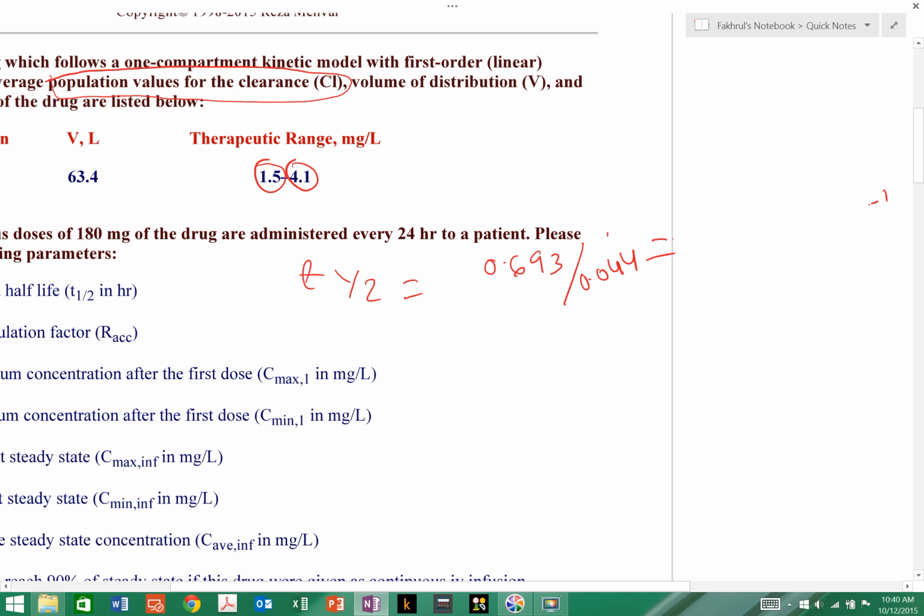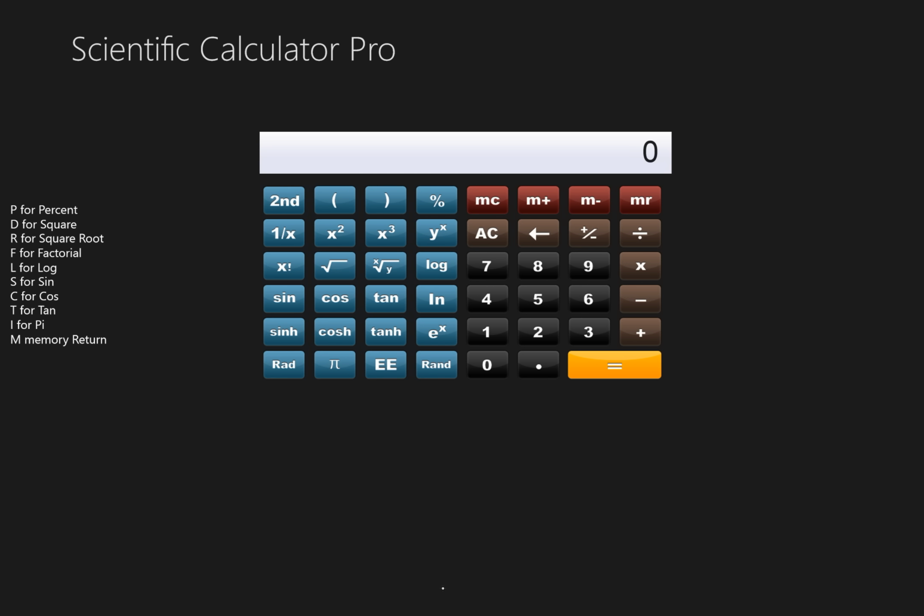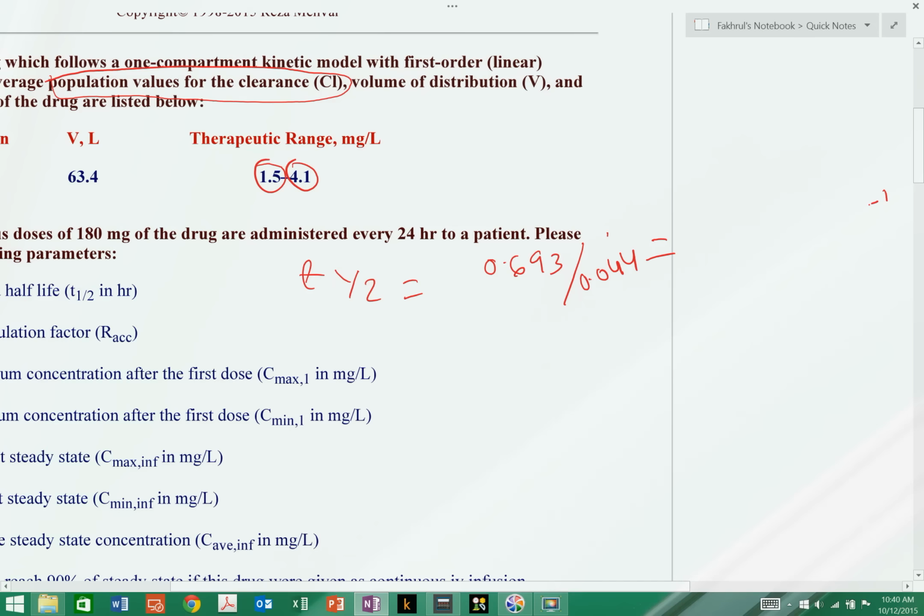It should give you a T half of 15.78 hours. So this is your T half.